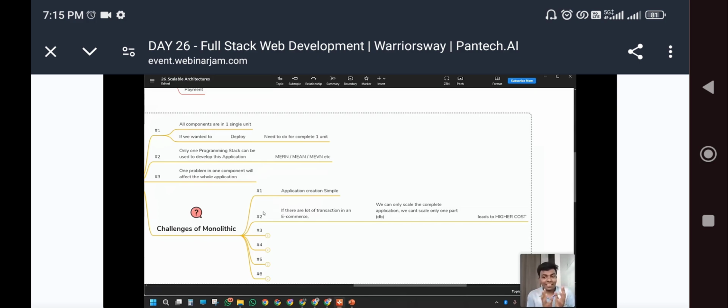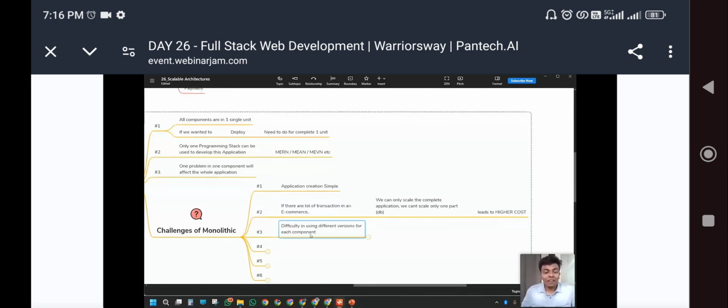So you need to scale the whole application, which will lead to higher cost. If it has multiple units like this and you want to scale it, you need to spend the money for all the components and services present in this unit. So it is really going to cost you. That is the second important disadvantage.